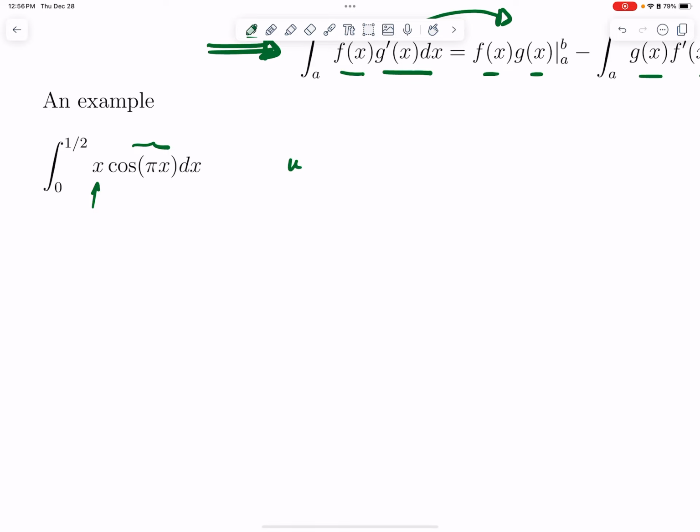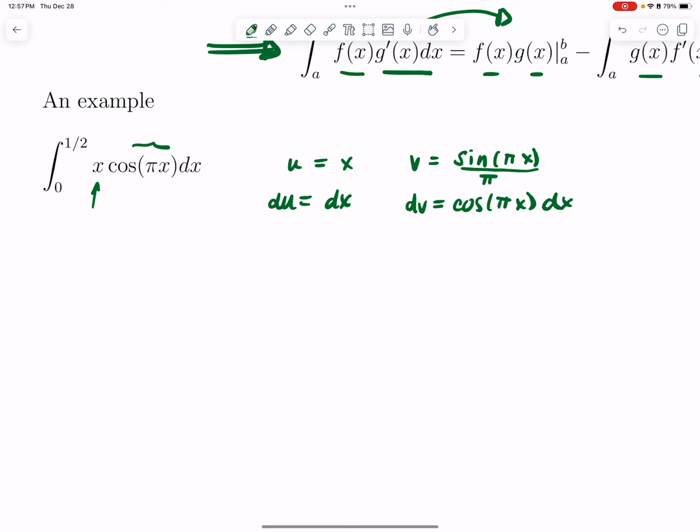So u is equal to x, dv is cosine of pi x dx. So du is dx, those are our favorite ones. And v this time, if you anti-differentiate cosine, you end up with the sine of pi x all over pi, because we have to deal with that extra constant.